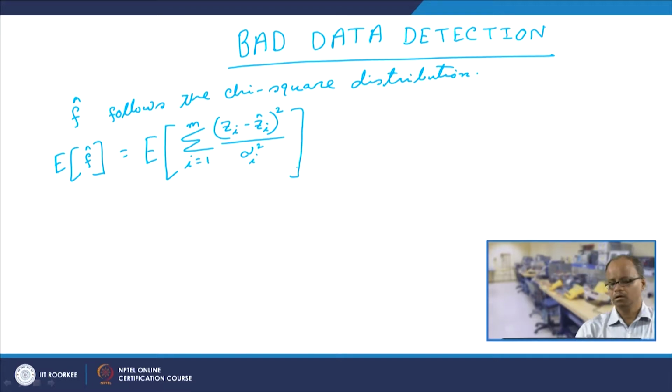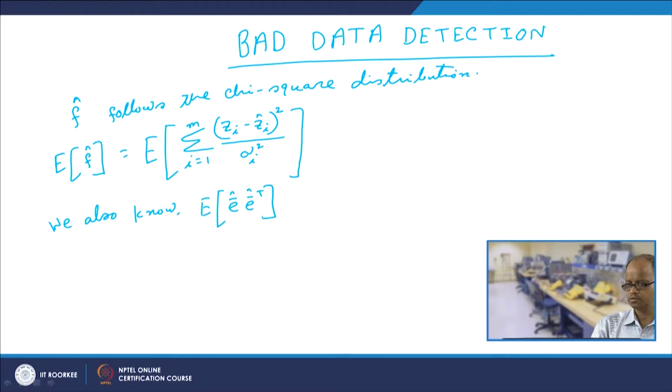Now, we also know, as we have already seen in the last lecture, that the expected value of E hat E hat transpose is actually a matrix R dash, and this is an m cross m matrix. So, this is a square matrix.